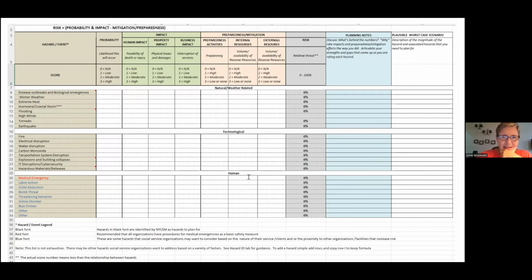Now, I mentioned that besides this tool, we have another tool, really a cheat sheet, where we pre-populated some of the probability and some of the possible worst case scenarios based on information that we got from the New York City Emergency Management sites. So let's take a look at that tool for a moment.